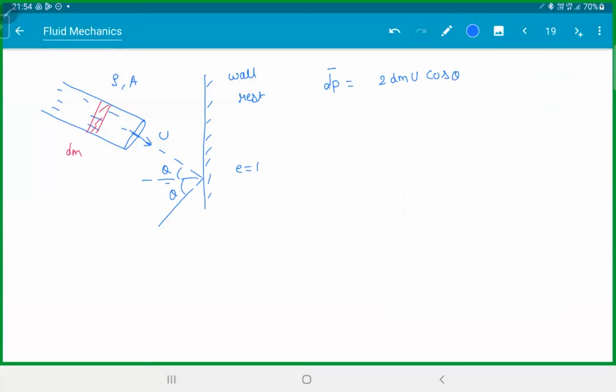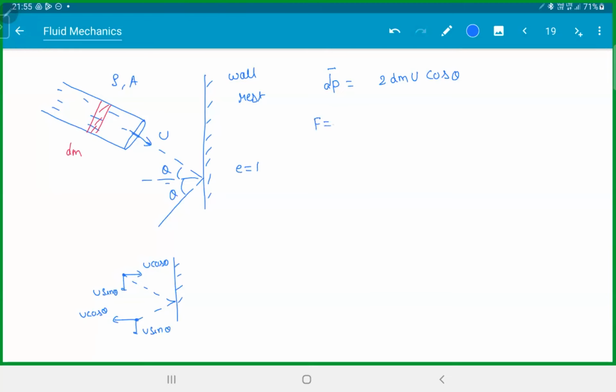Only the horizontal components will change, right? The cos theta component will reverse, sin theta component will not change. So this will be u cos theta, this will be u sin theta. This will hit the wall and bounce. Only the horizontal component is changing.